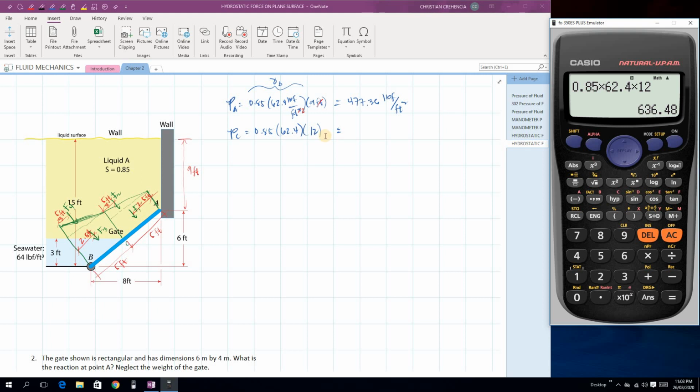So meron tayo ditong 636.48 pound force per square foot. So yung difference nitong dalawa, kunin natin yung difference, minus natin yung 477.36 is 159.12.